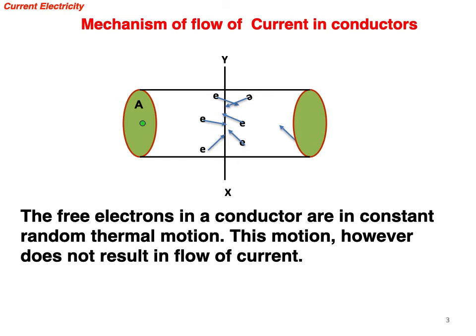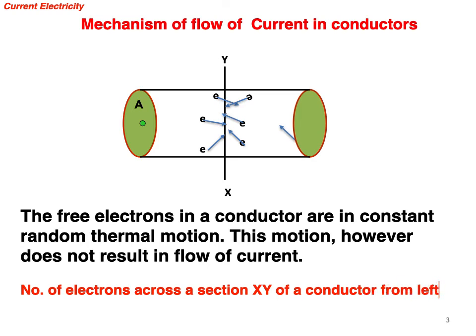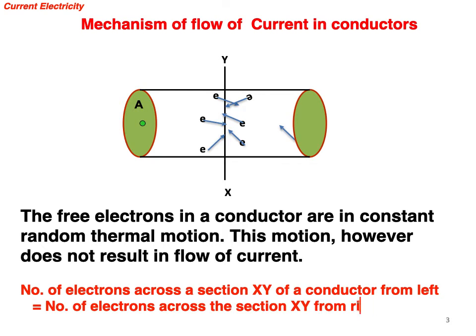The reason is the number of electrons which cross a section xy from left in a given time is equal to the number of electrons which cross the section xy from right.